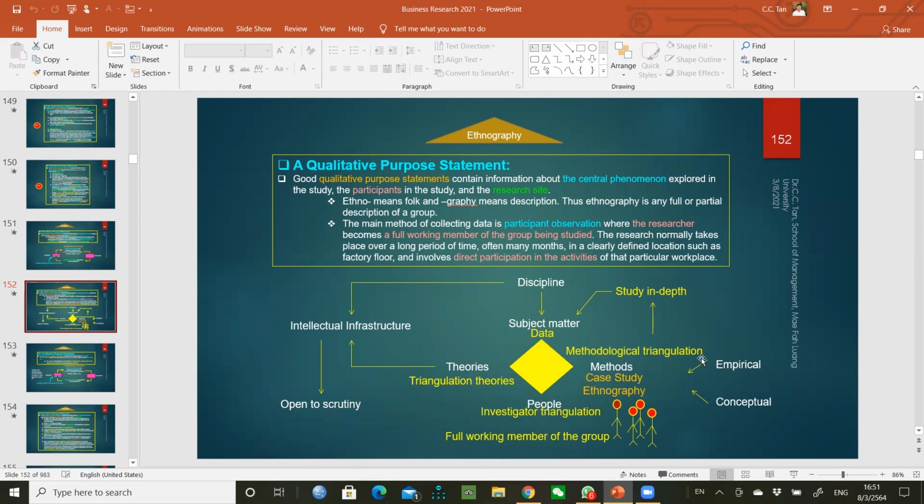Okay, and this is very important, the empirical and conceptual methods. We can get the data by means of empirical methods, so you have to go through some data collection: quantitative, qualitative, or mixed data collection.